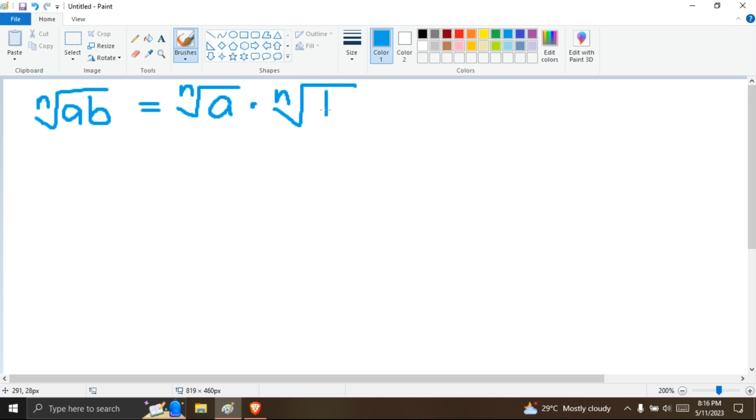So this second law on radicals is applied when a certain number is not a perfect number. Let me explain what a perfect number is. Let me specify three examples: perfect square root, perfect cube root, perfect fourth root.